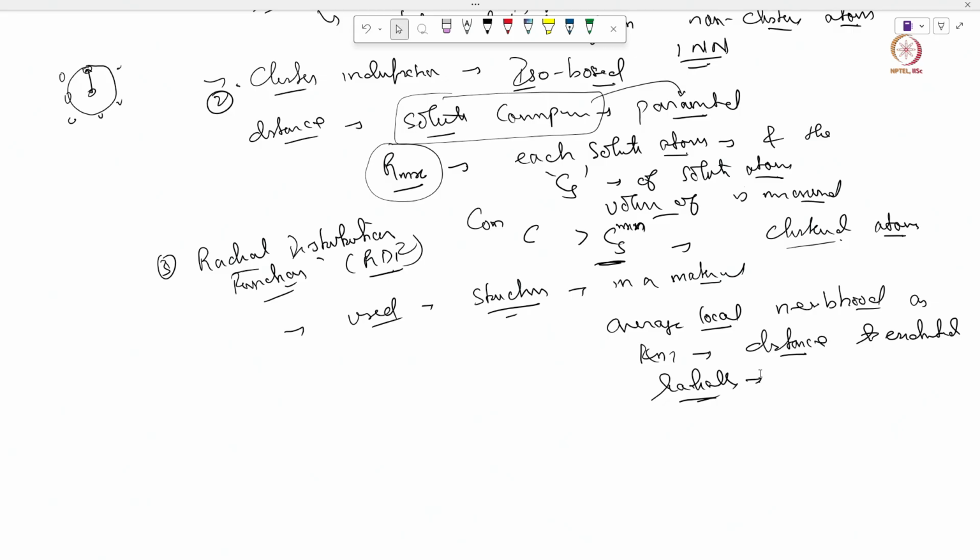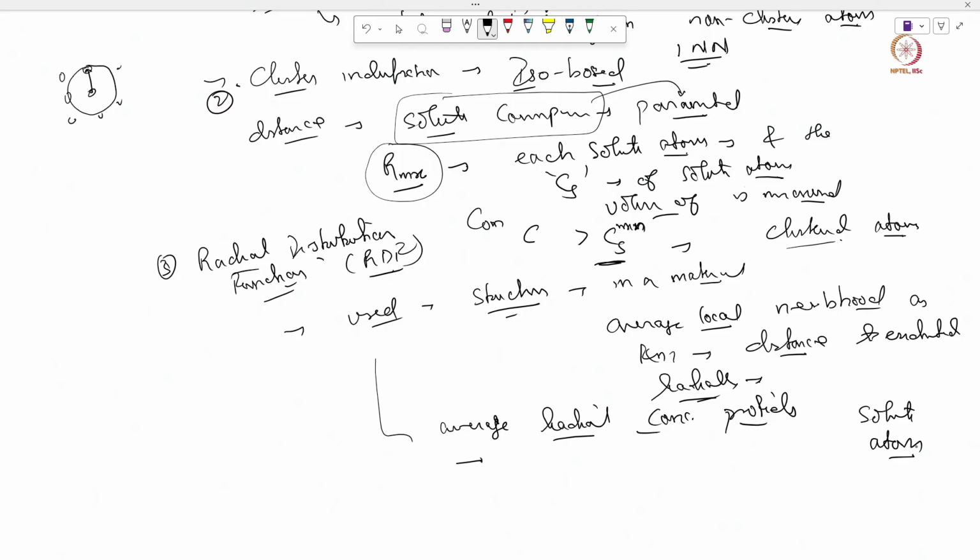So RDF builds the description of the local atomic neighborhood and provides the average radial concentration profiles starting from each and every detected atom of the chosen solute element.